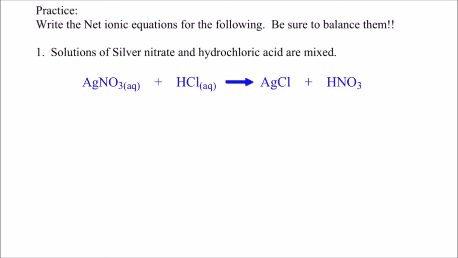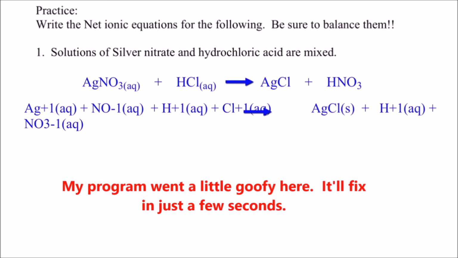Here we have chlorine, which is always soluble unless it's paired with silver, lead, or mercury two. So this one will stick together. And then another acid. Acids that have two or more oxygens than hydrogens are strong, so this should separate as well. Let's write that. Alright, so we've split apart all of our soluble ions.